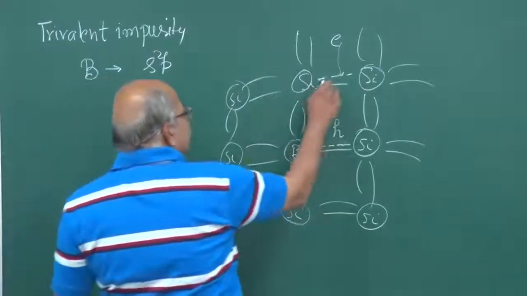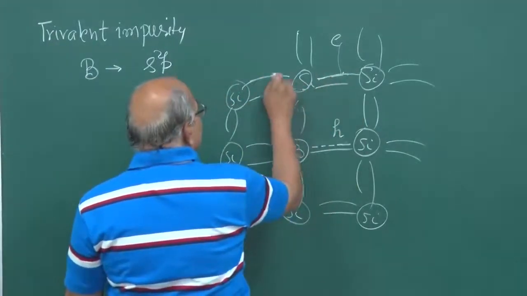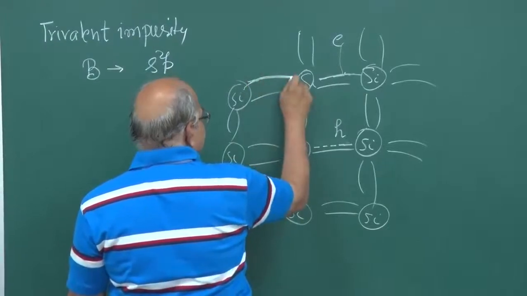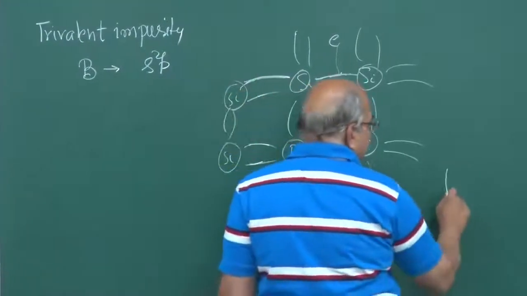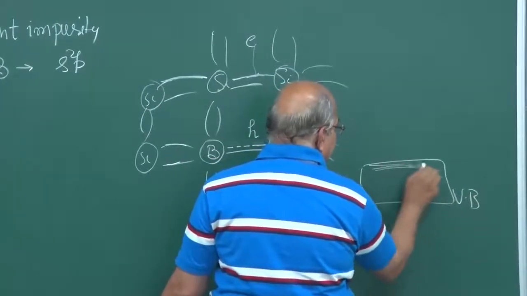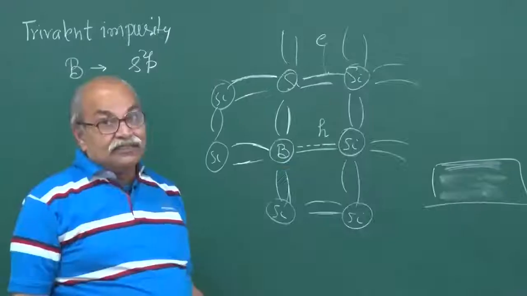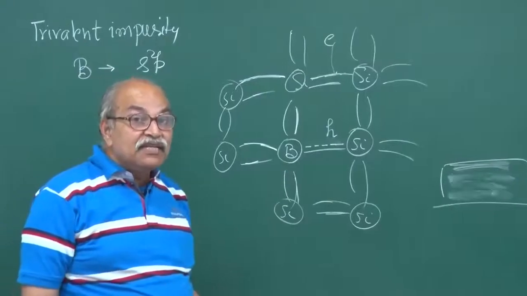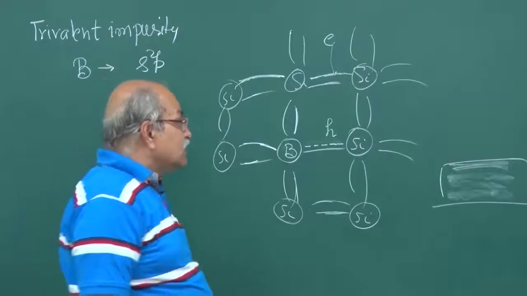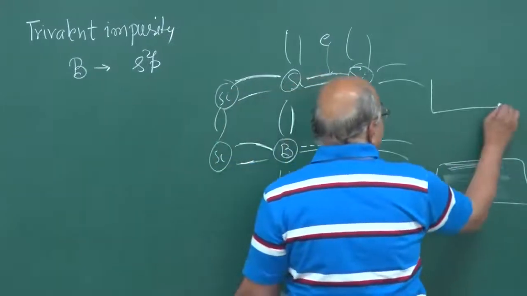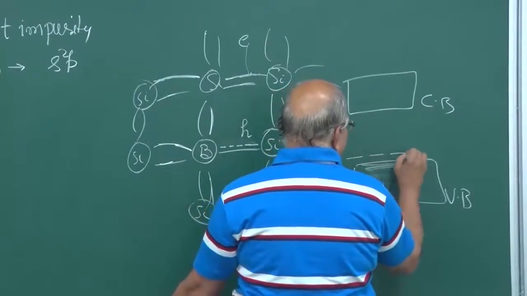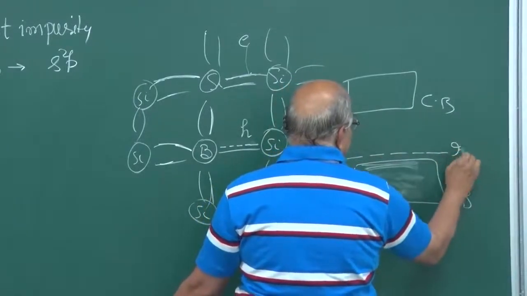So these are all the same. You have a bond here. If an electron is here, what is its energy? So that constitutes that valence band. So new impurity level energies are created, and those energy levels are created close to the valence band, somewhere here. So this is the impurity level.